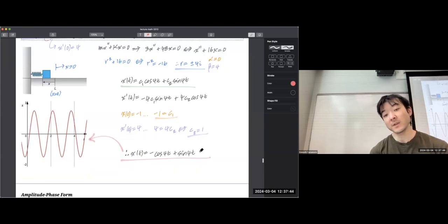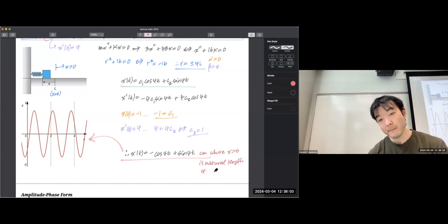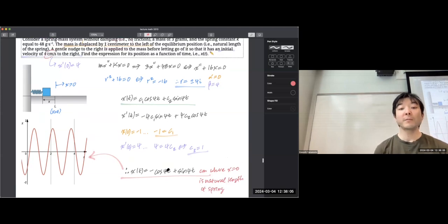So this is going to give you the position in centimeters where x of 0 is the natural length of the spring. So if you plugged in 0 into this, sine of 0 is 0, cosine of 0 is 1, you'll get negative 1.